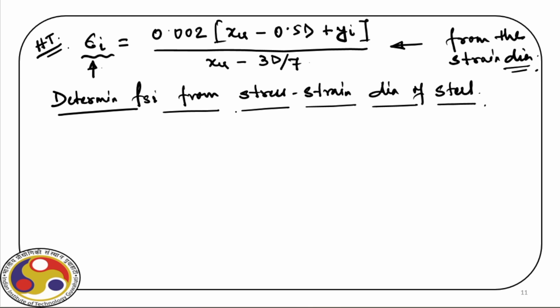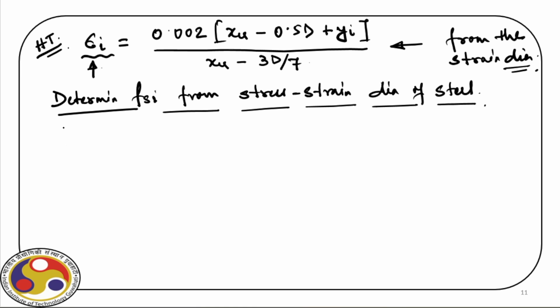So in the code we have this diagram available, and from that diagram you have to read, and there are tables available also for that stress strain diagram. The moment we quantify the strain, from that table or the design stress strain curve given in IS 456, we can quantify the stress.